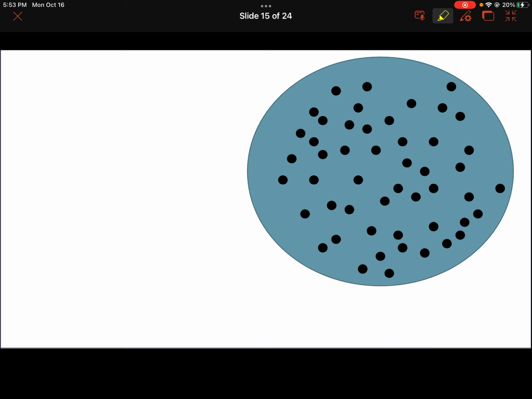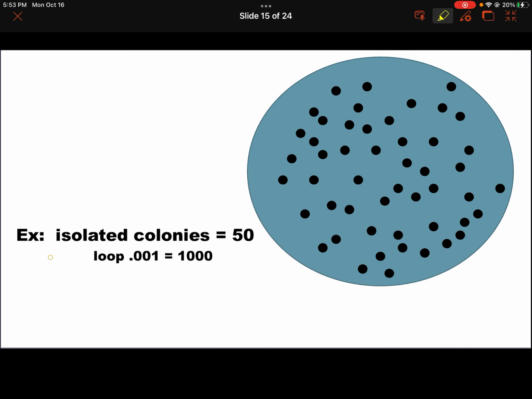So for example, in this lawn streak, you have observed 50 colonies. Example. And then the loop is 0.001 ml. So take note, 1,000 UL is equivalent to 1 ml.